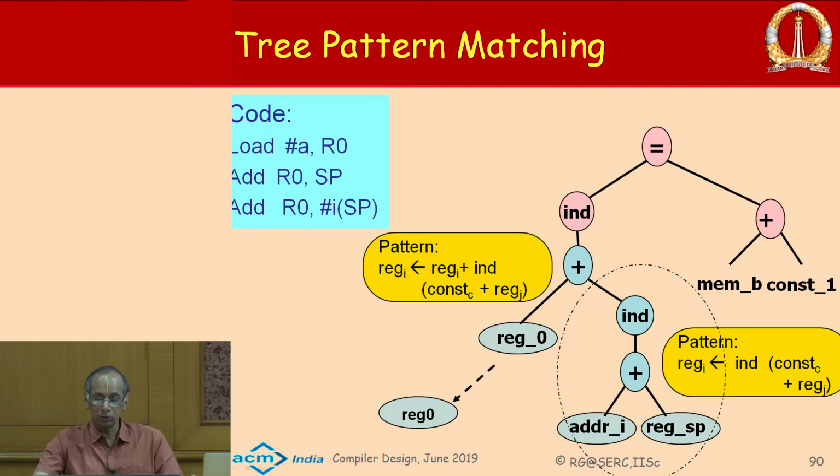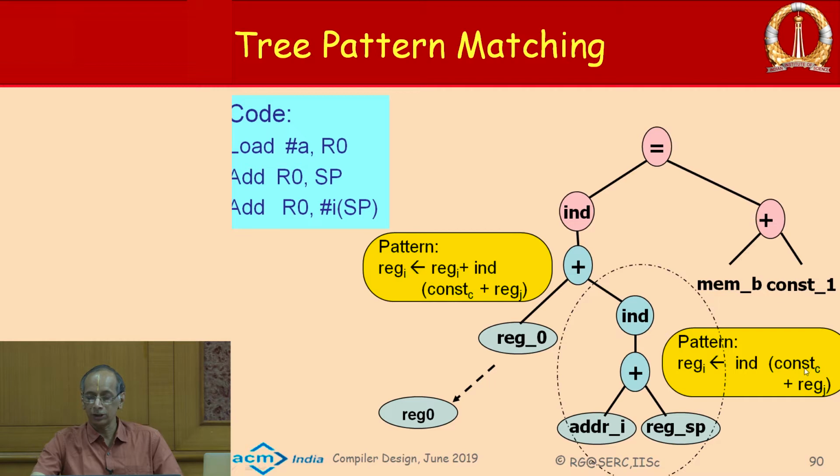One possibility is to look at this subtree first, and that subtree can be matched with this pattern which says that register I is equal to index of constant plus register j. So, you can just see what that is. This address I is going to be a small constant that has to be added to a register, the stack pointer.